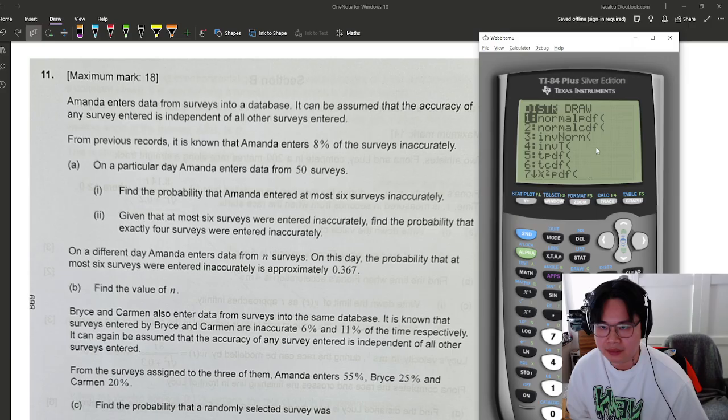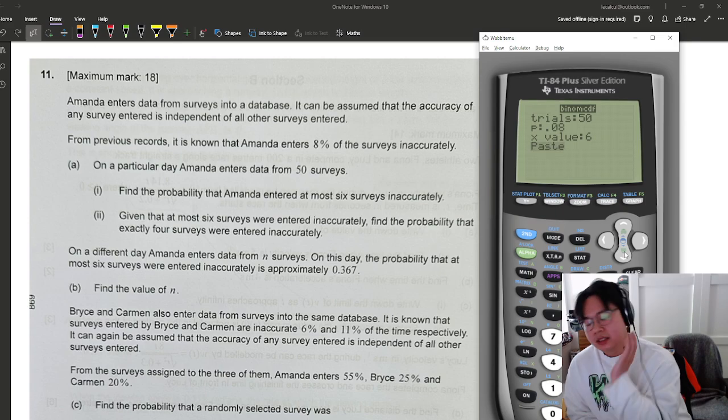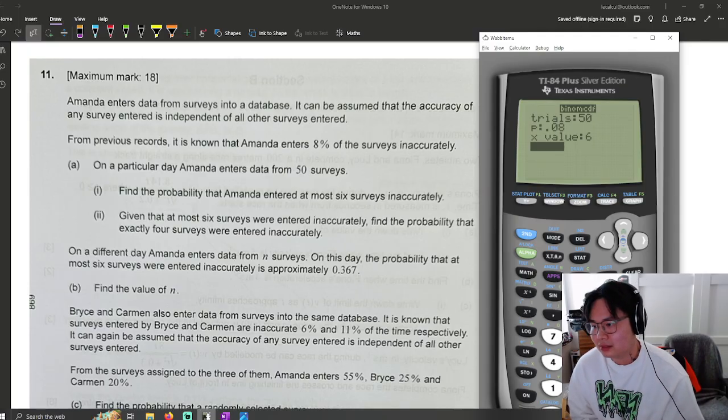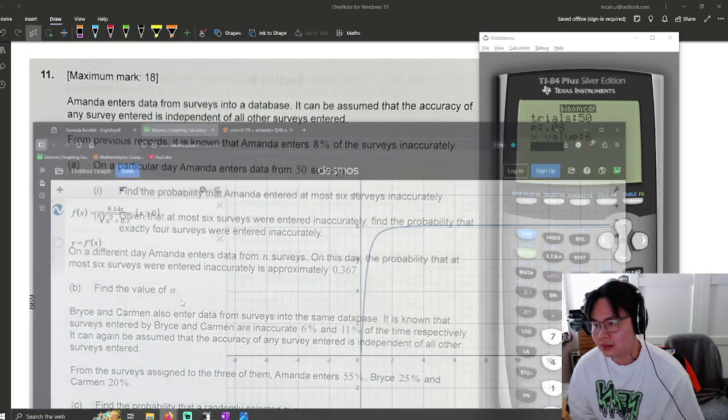So second vars, distribution, binomcdf. We have 50 surveys. The probability of entering one wrong is 8%. We are interested in having at most 6. And I don't remember if this is inclusive or not. Does this include 6? Let me Google this.